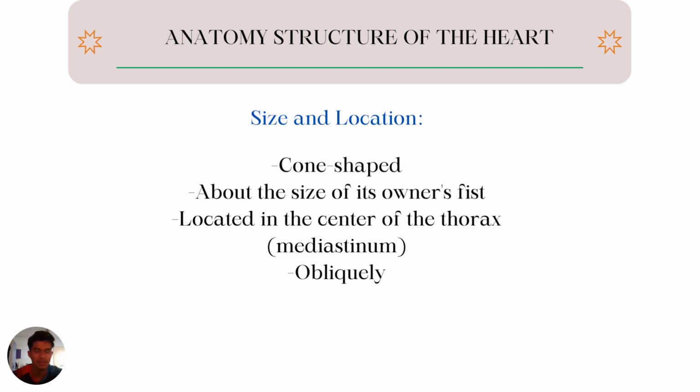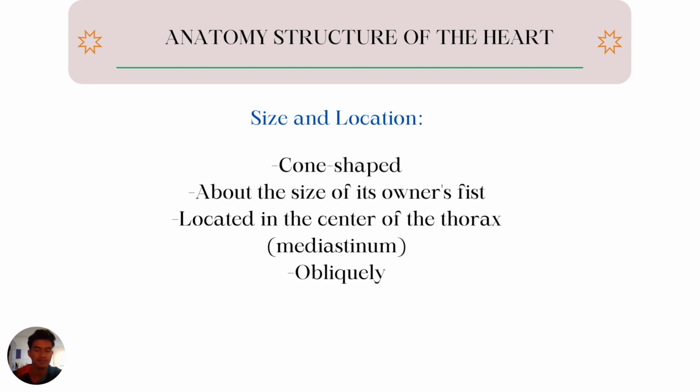The next one is the anatomic structure of the heart. Our heart is divided into four chambers. We have two chambers on the top, which are the atrium and plural atria, and two on the bottom. That is the ventricles, one on each side of the heart.